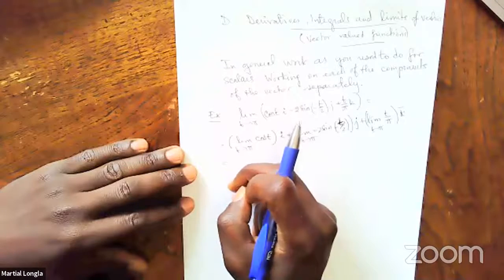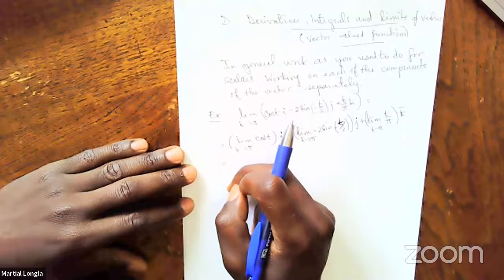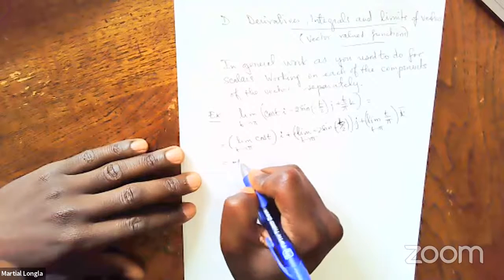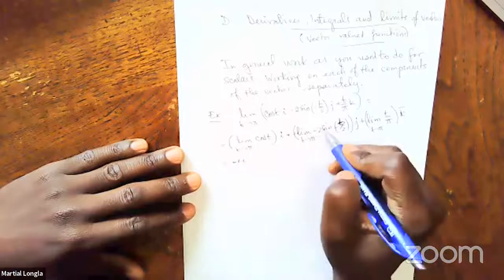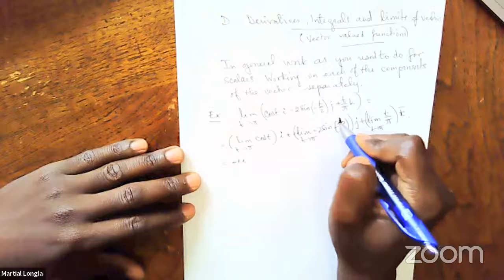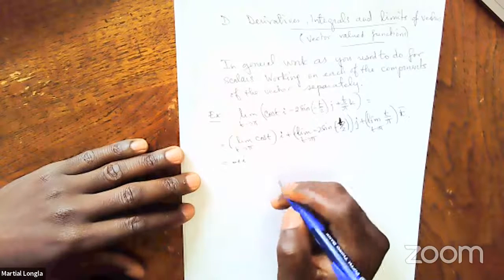Nope. Is it -1? -1. That's right. So that's -1 times i. And now when t goes to pi, here you got -pi/2. What is sine of -pi/2?